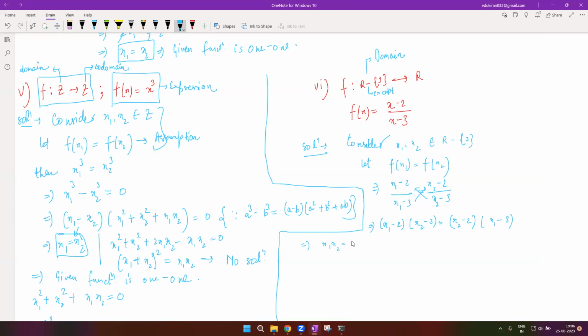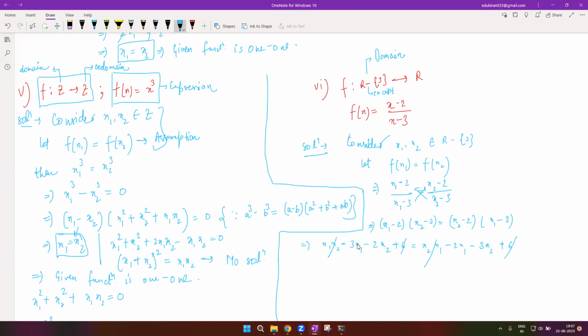minus 3x1 minus 2x2 plus 6. And this is x2x1 minus 2x1 minus 3x2 plus 6. x1x2 and plus 6 can be cancelled out because they have the same sign on both sides.